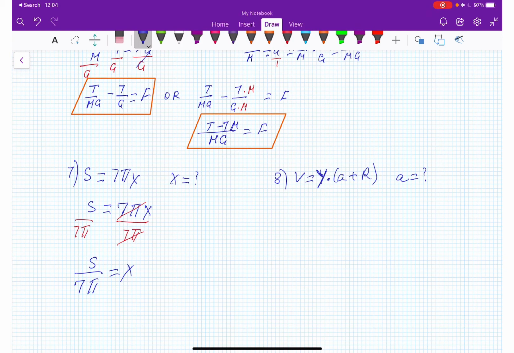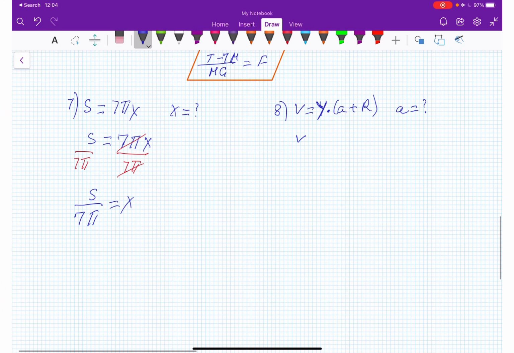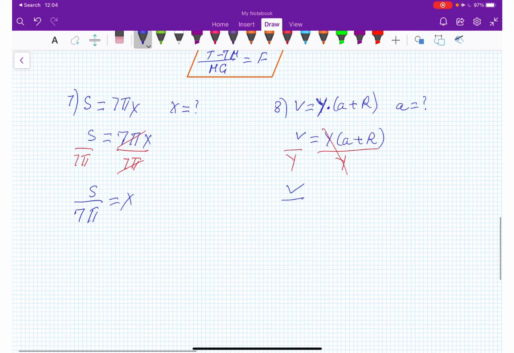So v is equal to y times (a plus r), and we are going to divide by y, and here also by y. So this is gone, and we are getting v over y is equal to a plus r.